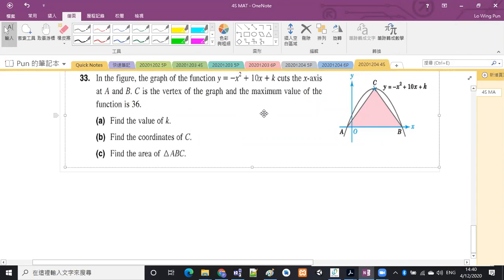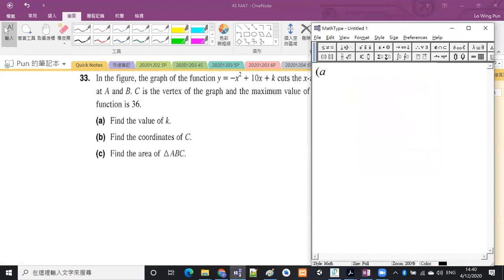Okay, and then we are going to use this maximum value to set up an equation involving the unknown k, and then we can use that equation to solve for the unknown k. Okay, so in part A, in order to find the maximum value ourselves, we need to do the method of completing square. Okay, because the equation now is in the ABC form, and then we need to change it to be the AHK form. So take out the A, that is -1, and then minus 10x plus k, and then write the things inside the bracket to be x squared minus 2xy, and this time y is equal to 5, right?